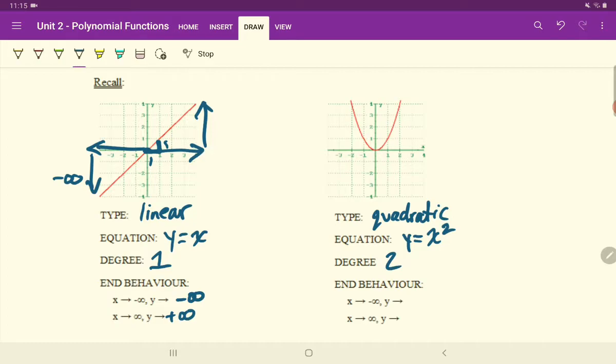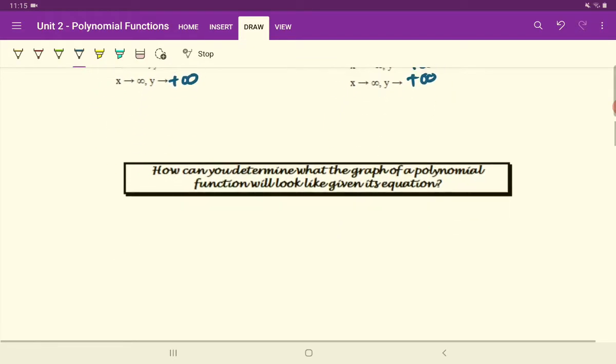The end behavior: as x approaches negative infinity, y approaches positive infinity, and as x approaches positive infinity, y also approaches positive infinity. So both are approaching positive infinity. That's all just to recap some of the terms that we learned.